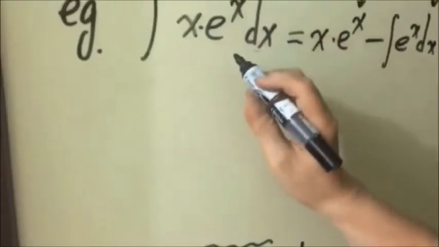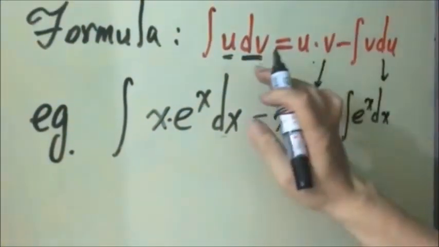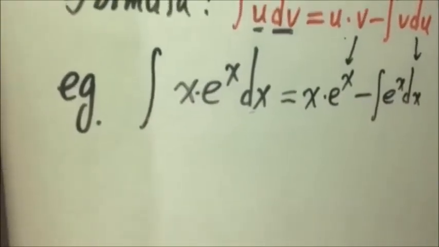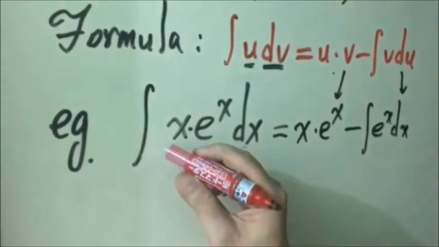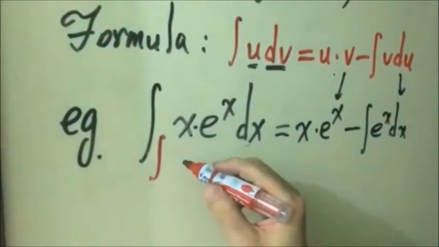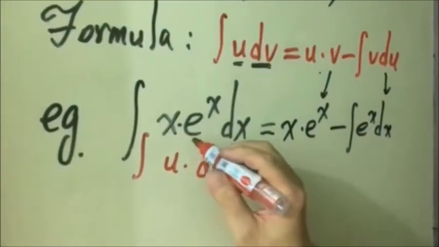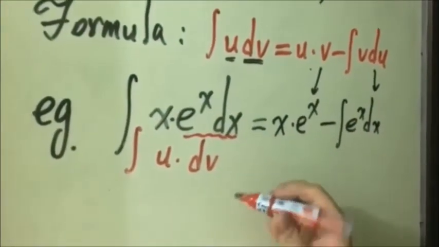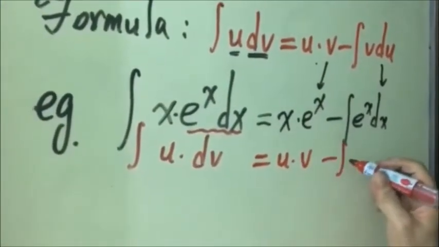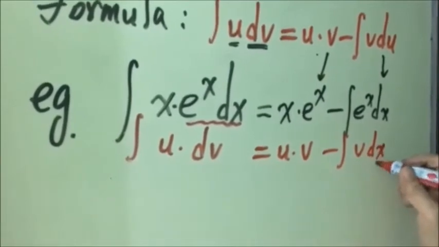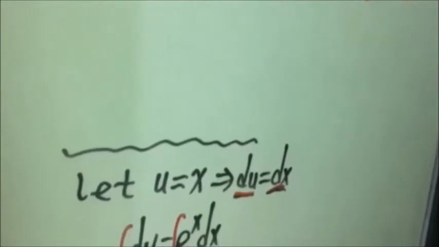So the original integral, using the integration by parts formula, is written like this. U is x, and dv is e to the x dx, and the formula says it becomes u times v minus the integral of v times du. Du is dx, and v is e to the x.